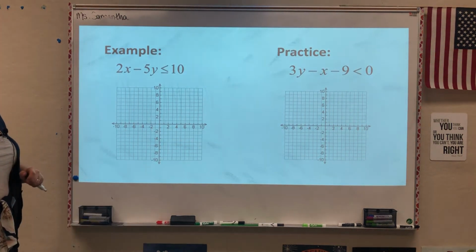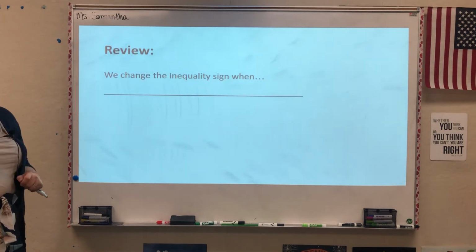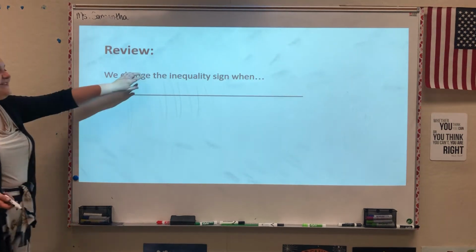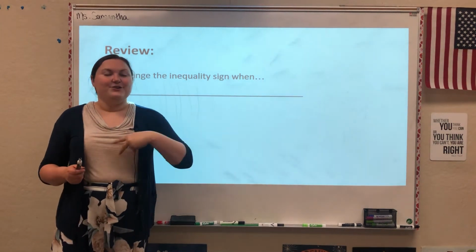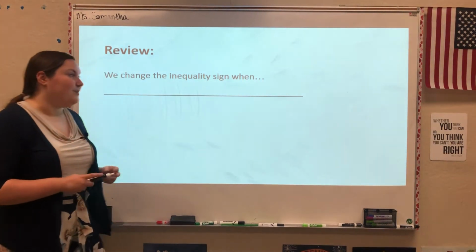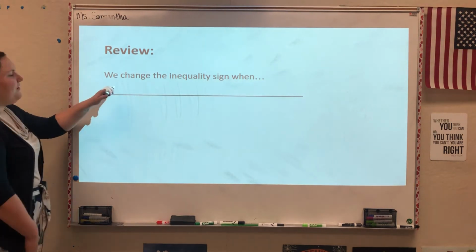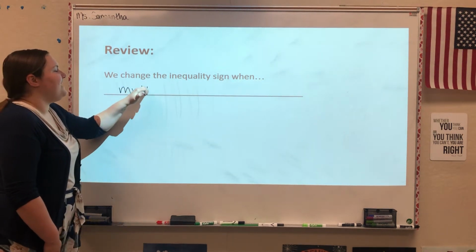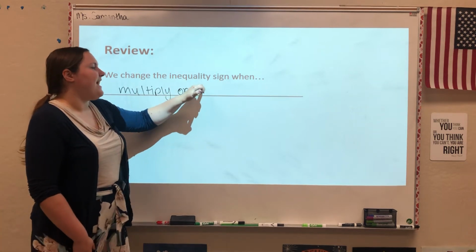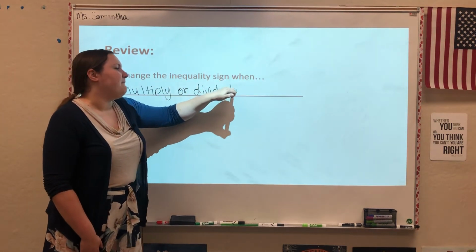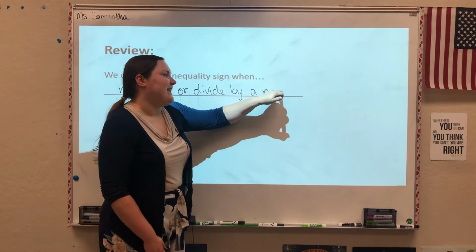Well, the rule we had back with solving inequalities is there is something we did where you change the inequality sign. You would flip your inequality sign when you multiply or divide by a negative number.